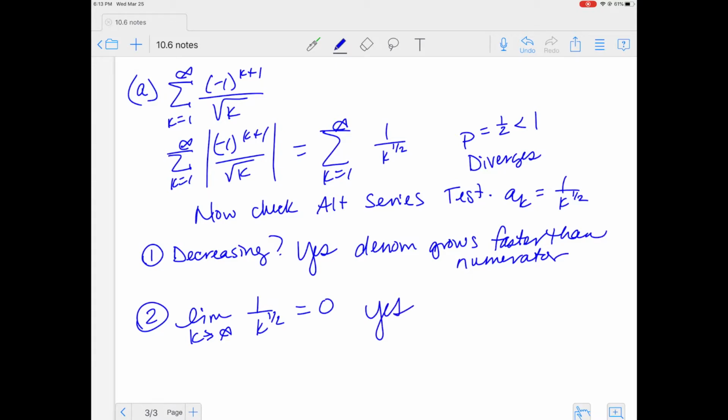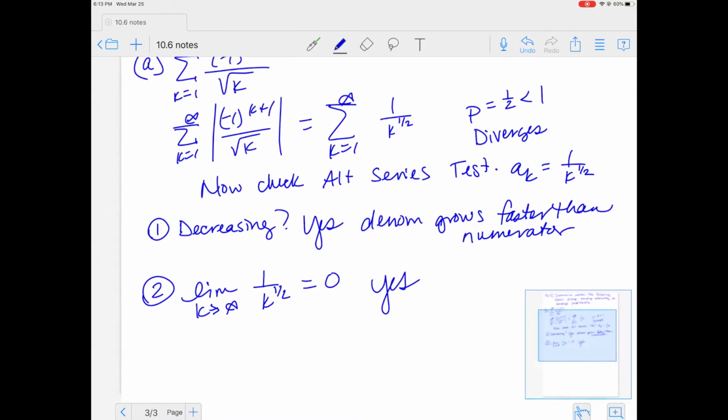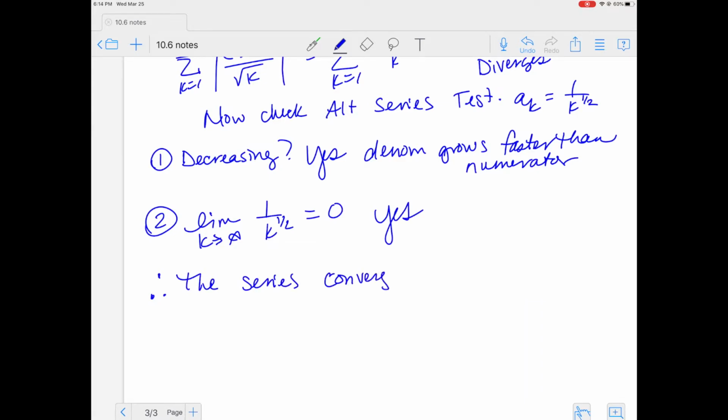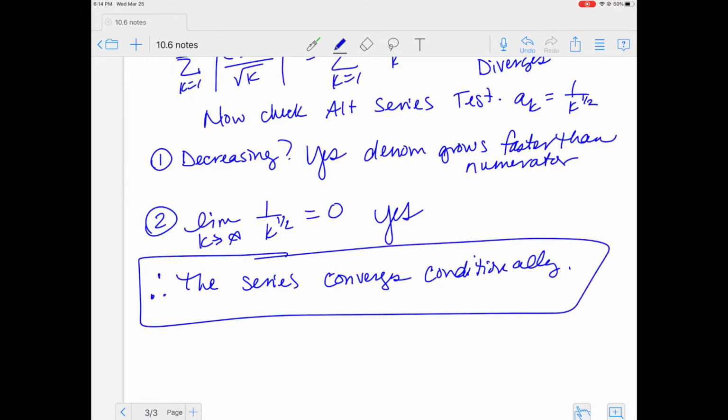So the alternating series test holds true, which means the series converges conditionally. You don't have to say by some test, because it's conditional convergence.